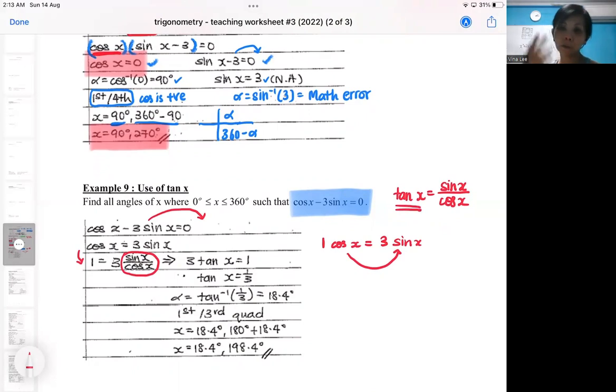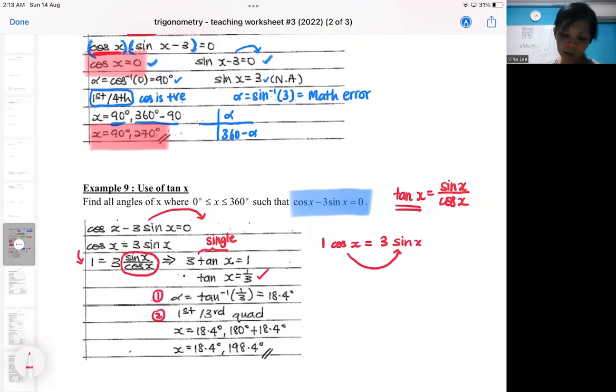So initially I got 2 functions. I got sine and cosine. But I managed to reduce it to a single trigo. So I divide over the 3, and here will be my 4 steps.